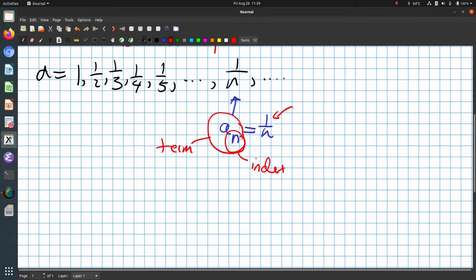This is a general description of a term. And we might even have some specific descriptions of terms as well. So for instance, a sub 3 is equal to 1/3. That's this guy. Of course, you can start your index wherever you like.